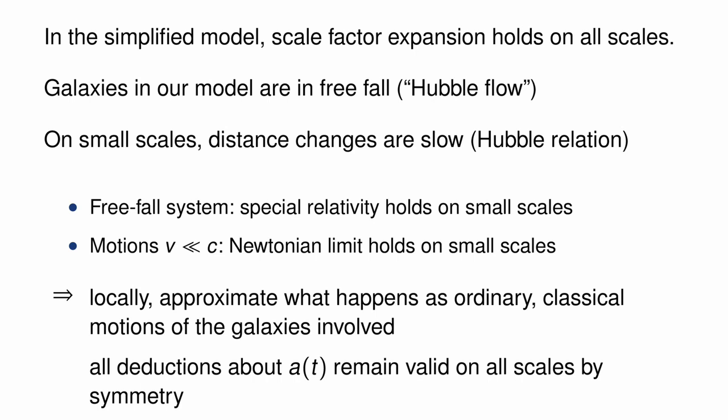Galaxies in our model are in free fall. The only thing acting on them is gravity, and that is the definition of free fall. And this free fall that results in this changing pattern that is cosmic expansion is called the Hubble flow.